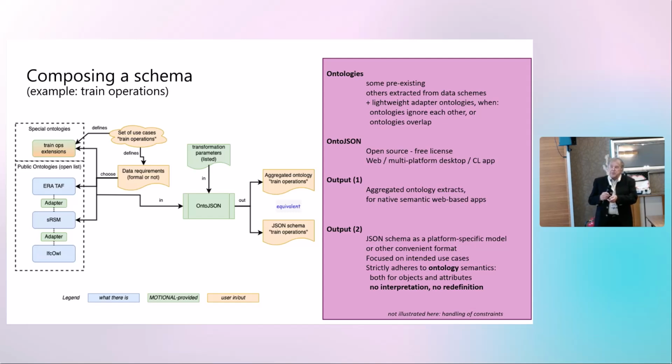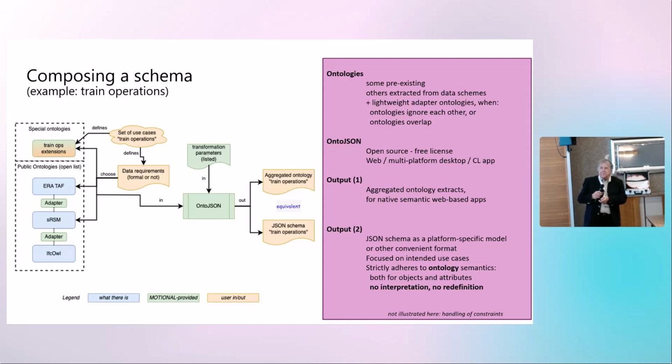You will see why. It's also part of the solutions. It's not a problem. It's, in fact, an ingredient for the solution. And then if you deal with a particular use case like train operations, you will see that some items are missing from that federation of models. So you will have to do your own small additional model to impersonate what you need to talk about.